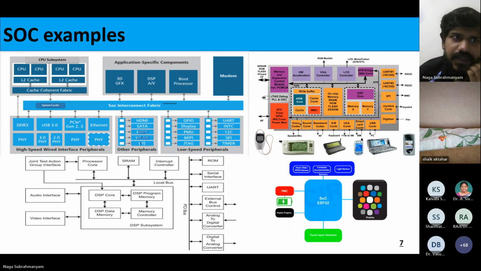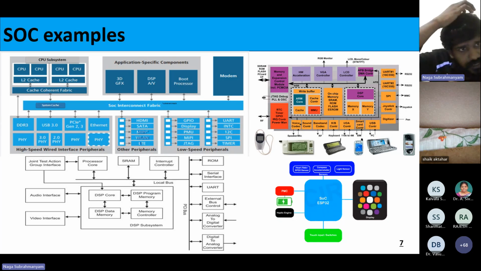See here, this is the CPU, where the processor will be. It is coming up with not only a single core. Now they are having 8 cores. Each core comes with its own memory.